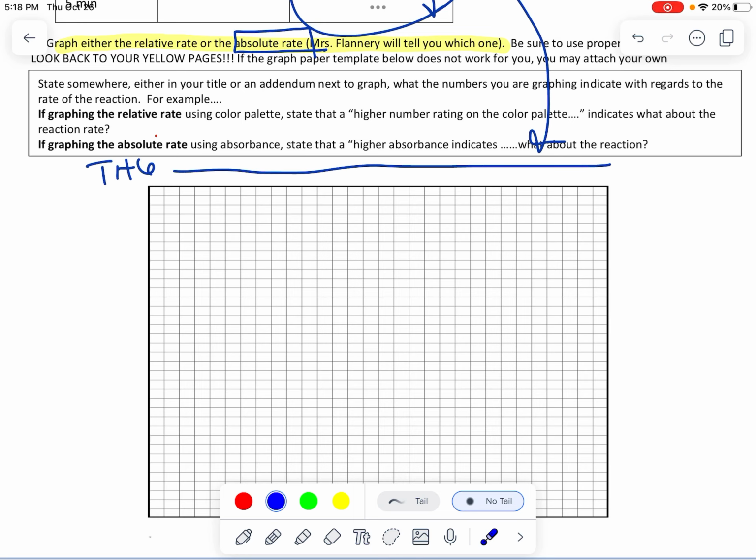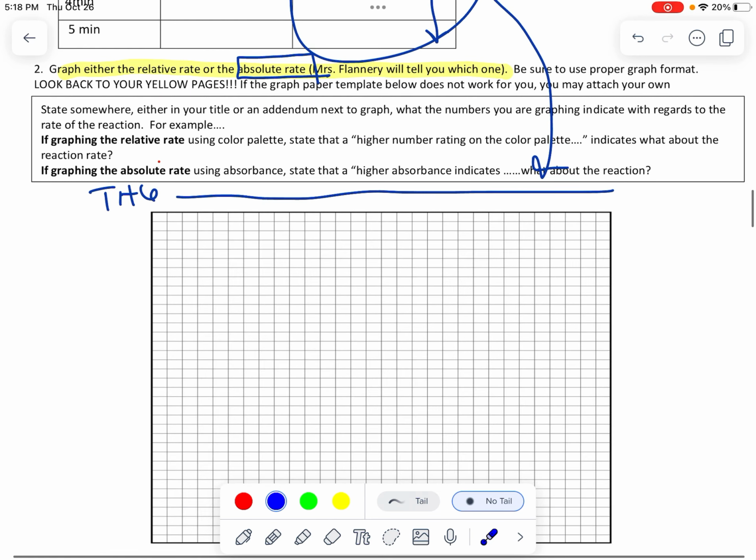So in your title, you want it to tell you that you're graphing the rate of the reaction of the enzyme turnip peroxidase over time, right? Because that's implied in the rate.